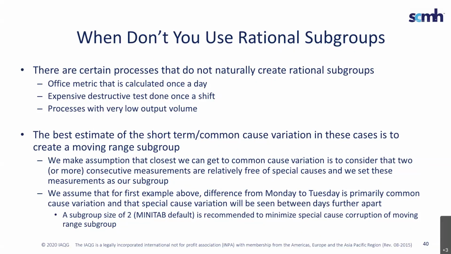It's always better to help calculate the within variation. But there are statistical software packages that will determine the estimate of the short term and the common cause variation. Typically, a program such as Minitab, I'll just add as an example, uses a subgroup size of 2.